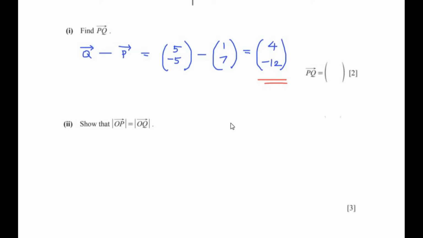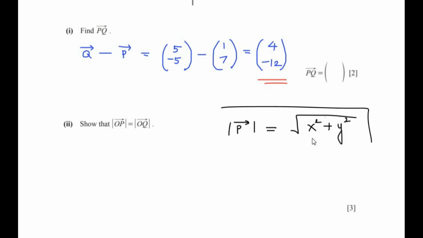Now remember that for a vector in general, to find out the magnitude of vector P, we are going to square root the square of its x value plus square of its y value. So this in general represents the magnitude of the given vector.